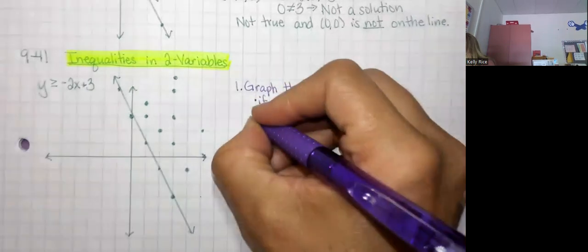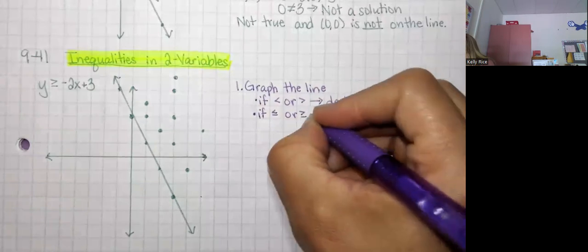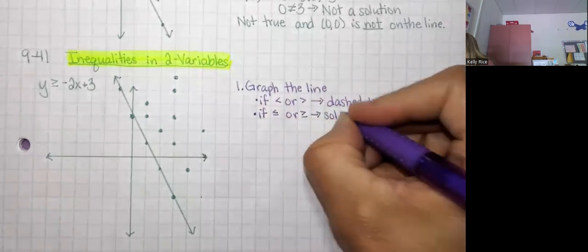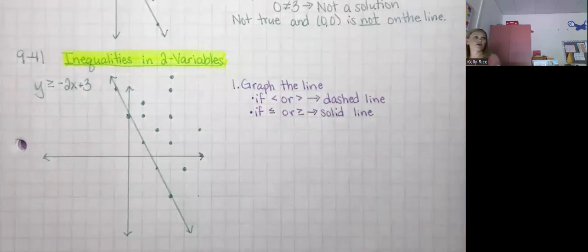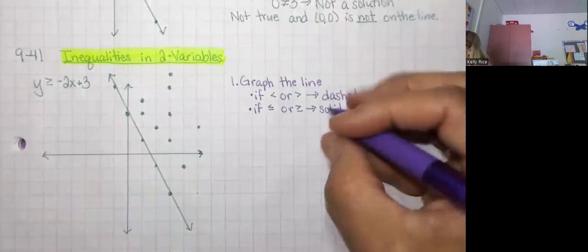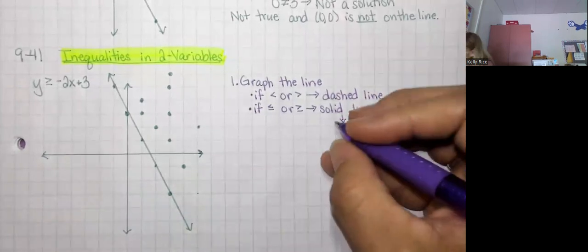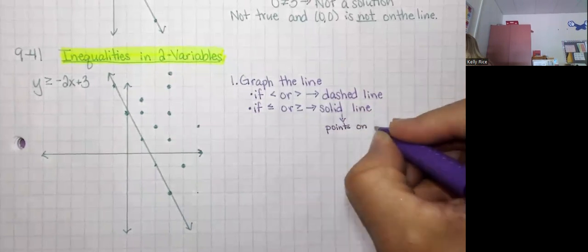And if you have or equal to, you have a solid line, just like an open and closed circle on the one variable inequalities. So the solid line, like we had here, means points on the line are solutions.